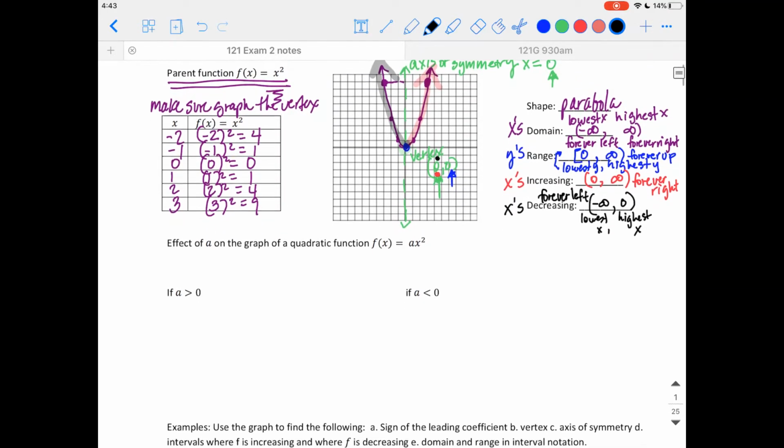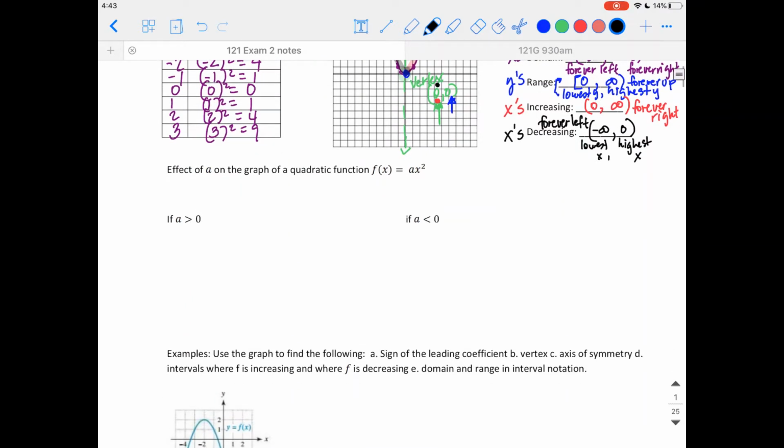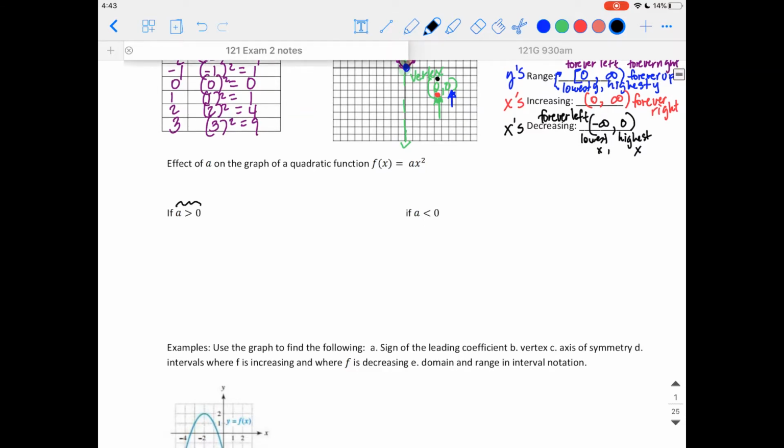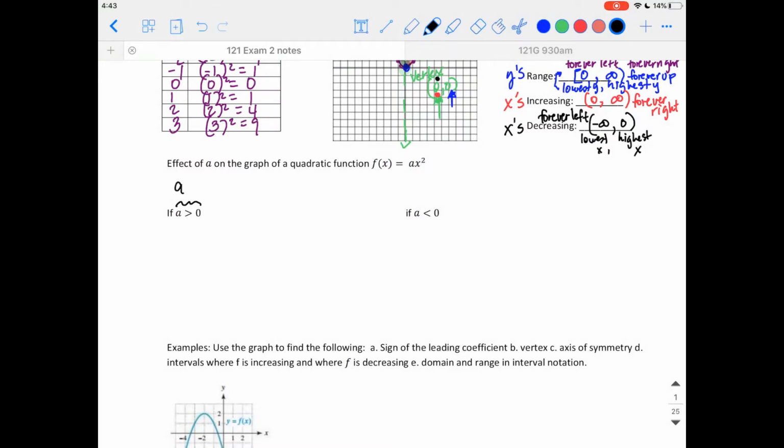Okay. The effect of a on a graph of a quadratic function. So if a is greater than 0, another way of saying that is a is a positive number.